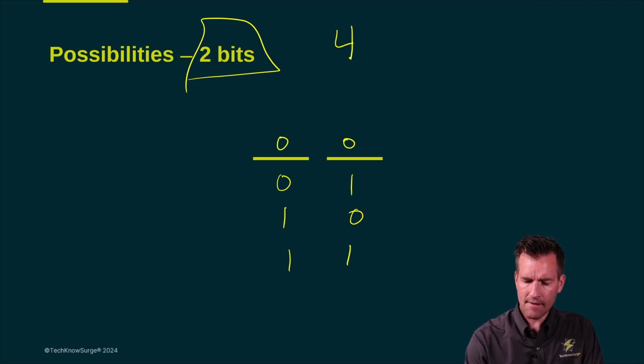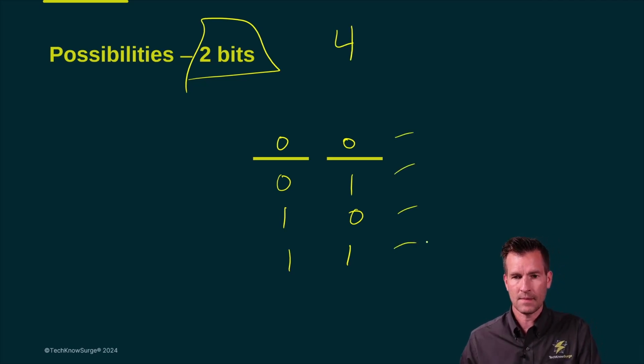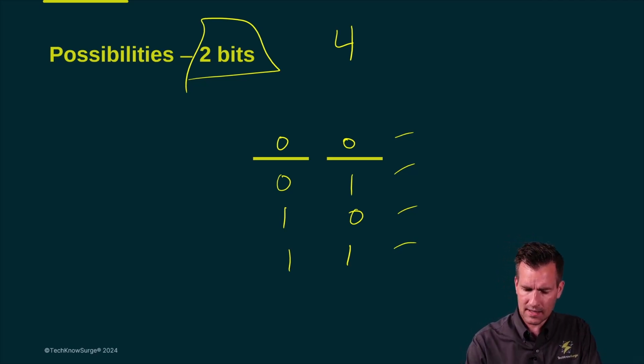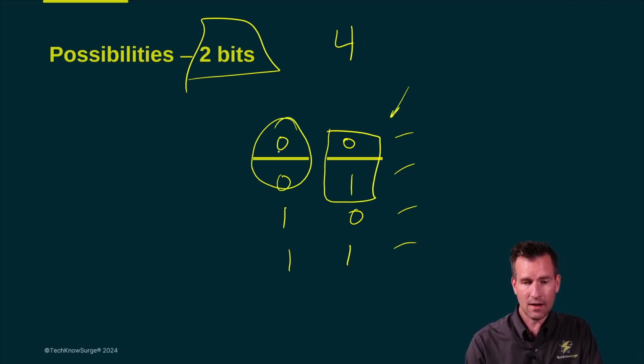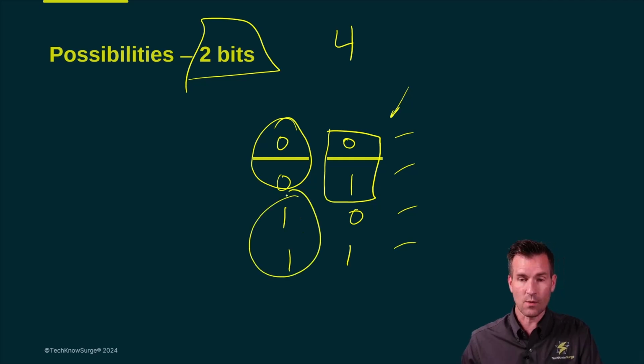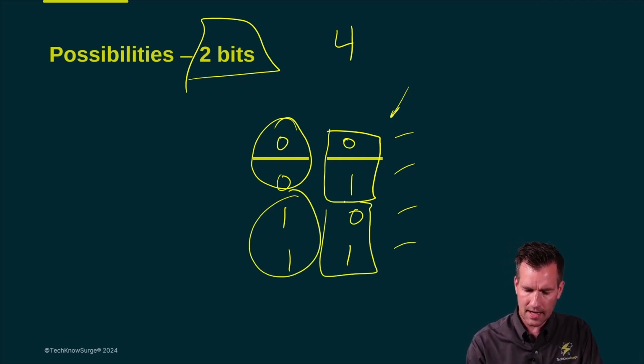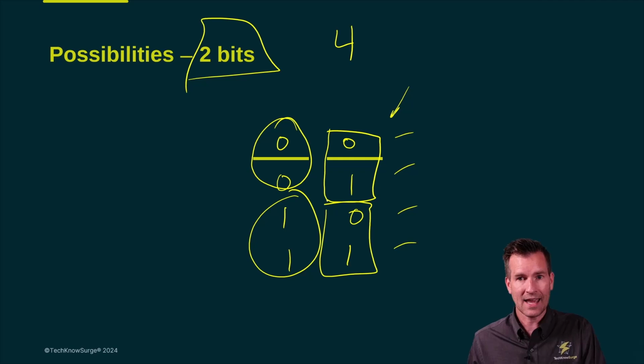So now we have 4 possibilities: 1, 2, 3, 4. And so we've doubled the amount of possibilities that we have. And if you think about it, it really makes sense because we still have that single bit, could be a 0 or 1, and now we have an extra bit, which could be a 0 or a 1. So we've doubled the amount of combinations we have by adding an extra bit.